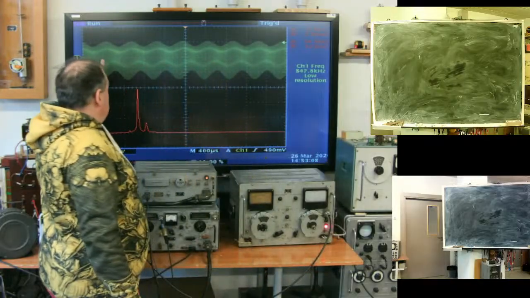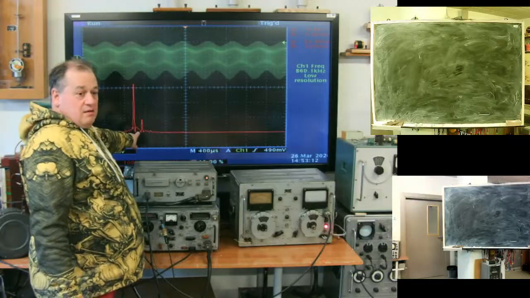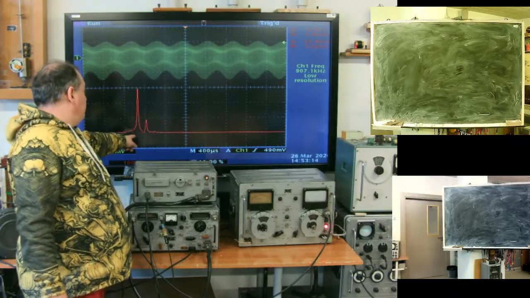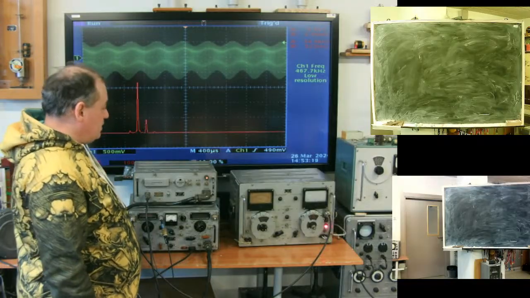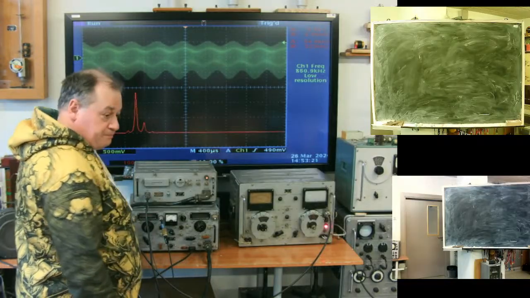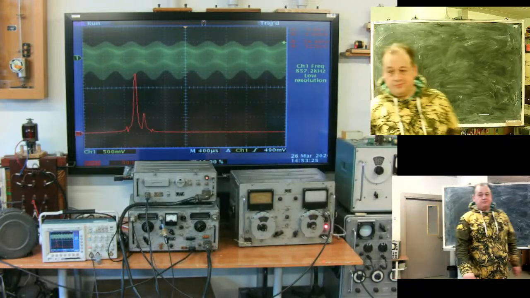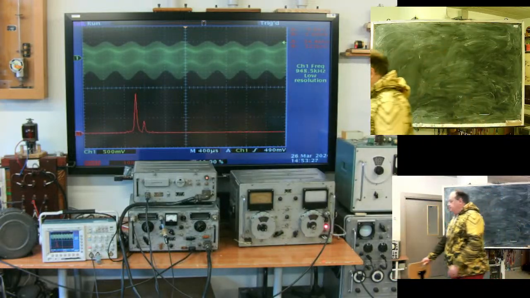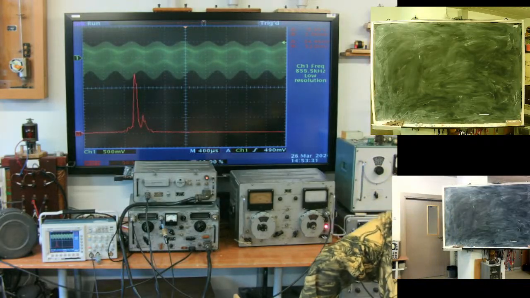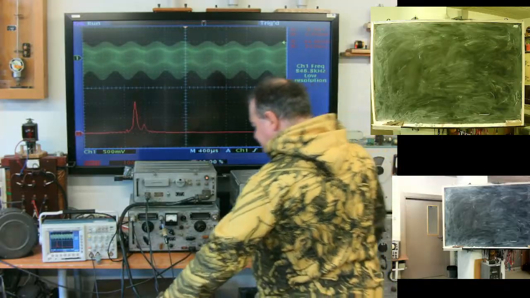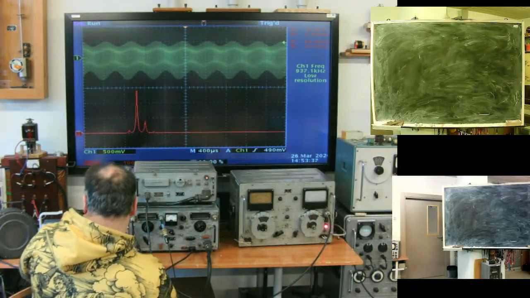Here is the modulated signal input for my scope, and here, red line, is the spectrum. Central line and two side lines. Frequency is 2 kilohertz.